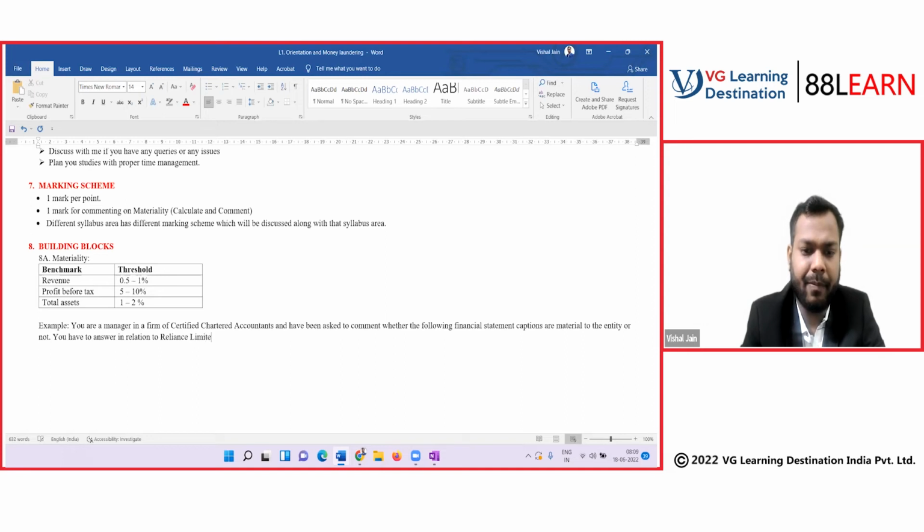Reliance Limited, with the following details. The details are given as follows. Revenue is $1,000 million.